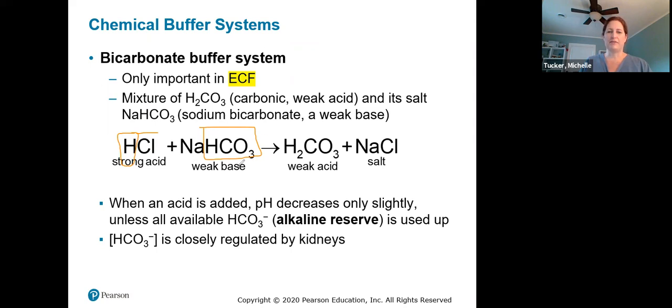If we don't have enough bicarbonate to react with, we can't move the reaction. We can't accomplish it. You need both substrates. So maintaining enough bicarbonate in the plasma is very important for buffering the hydrogen ions in the plasma.